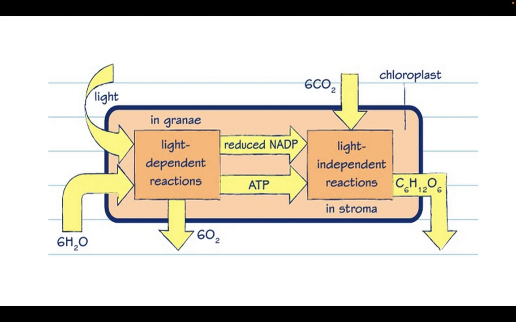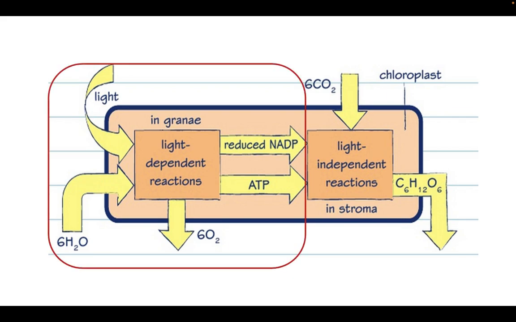So this is a diagram which summarizes these two stages of what we're looking at. The first stage, which I've put in the red box, is the light-dependent reactions within photosynthesis.